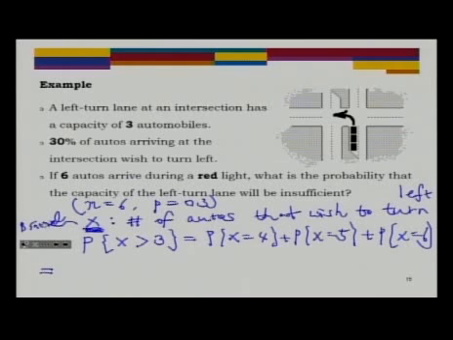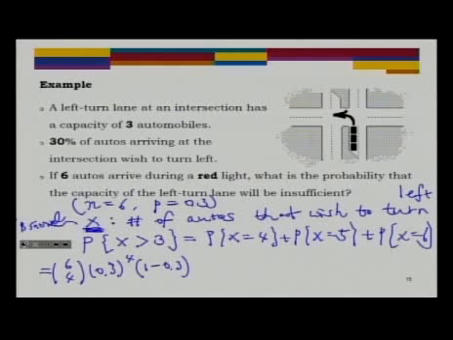That's going to be 6 combination 4, times the probability of success 0.3 to the power 4, times 1 minus 0.3 to the power 6 minus 4.